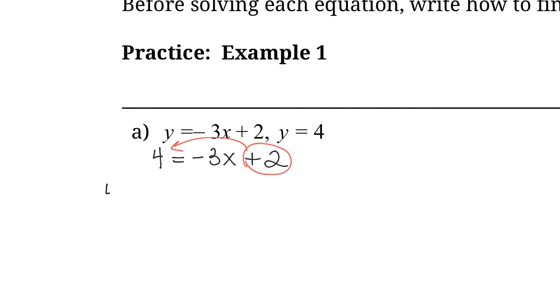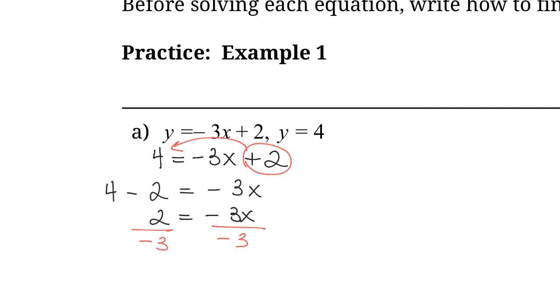And by doing that, it's going to become a minus 2. I know that 4 minus 2 is 2. And to isolate for x, I'm going to divide both sides by negative 3.